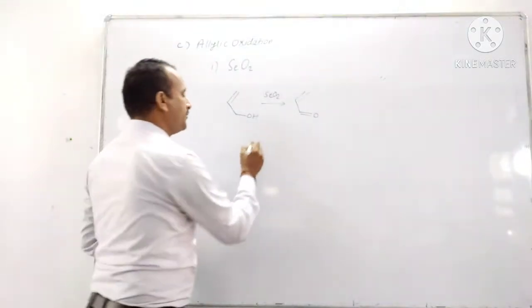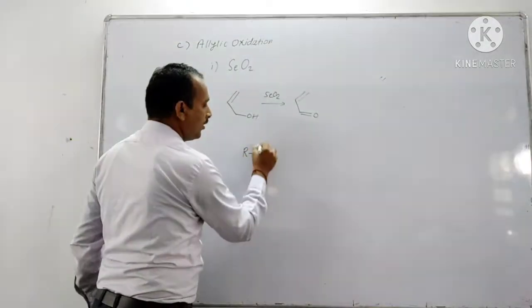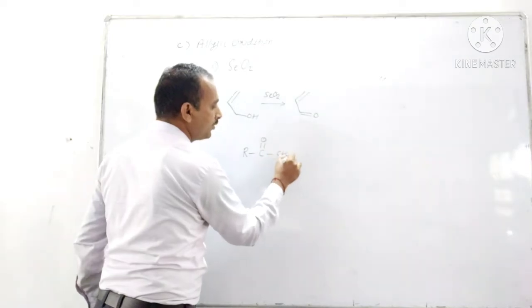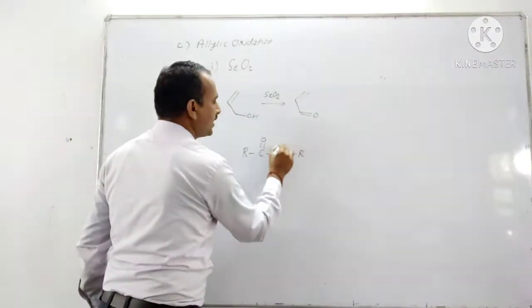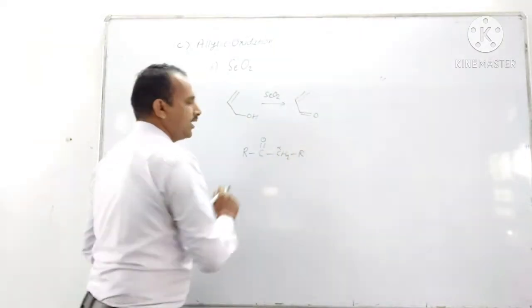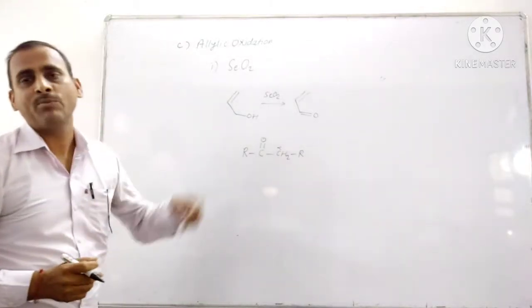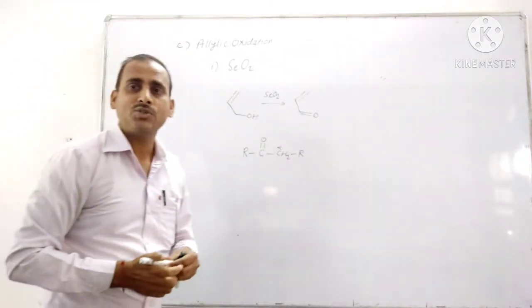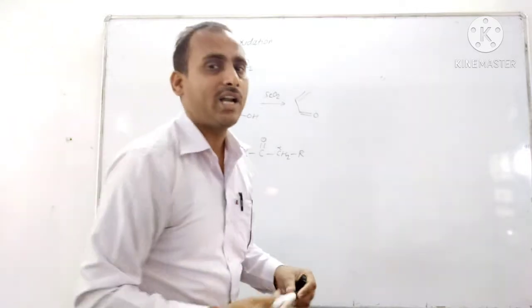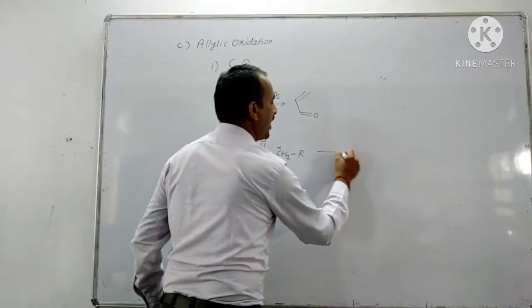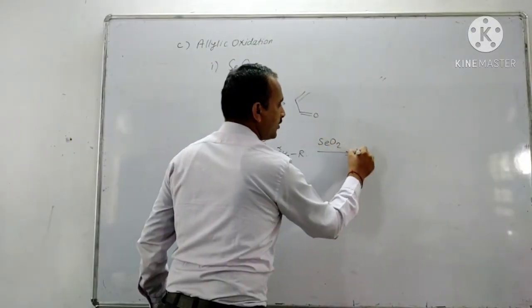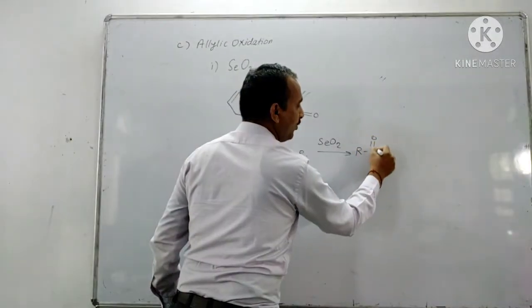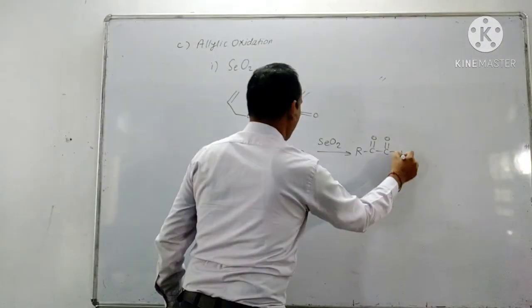Then the methylene group, that is the methylene group at the alpha position of the carbonyl group, gets oxidized to alpha dicarbonyl by using selenium dioxide. So it forms RC double bond O, C double bond O, R.